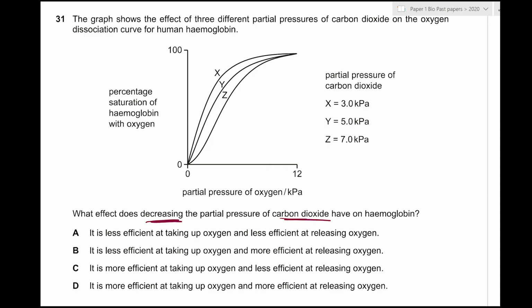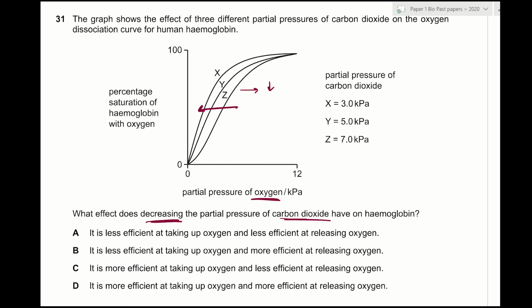As you can clearly see, decreasing the pressure of carbon dioxide makes the graph shift to the left, and increasing the pressure makes it shift to the right. Shifting to the right means that the percentage of saturation is actually going to be lower at the same partial pressure of oxygen. So now let's see what the increased concentration of carbon dioxide actually does to the red blood cells and the saturation of hemoglobin.